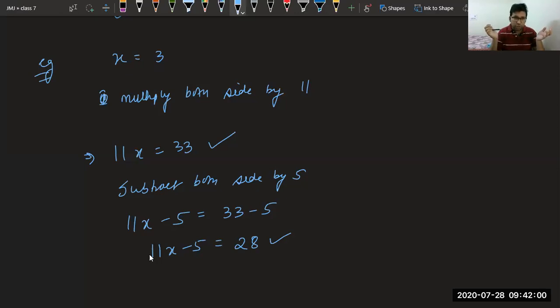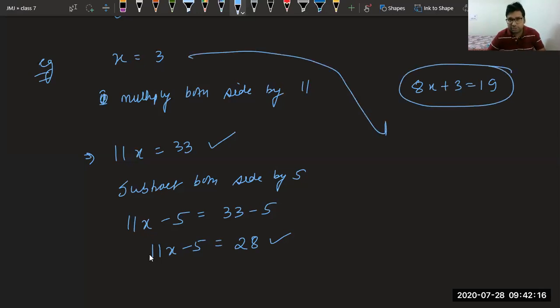Very good Lavya, you are correct. Maculin saying 8x plus 3 equal to 19. Let us check. Maculin has first multiplied with 3. Maculin, but now you are wrong. Let me tell you how. See what you have done. You have multiplied both sides with 8.